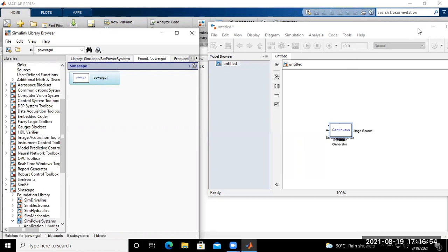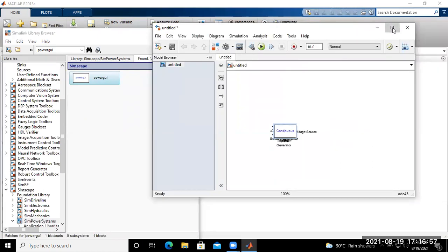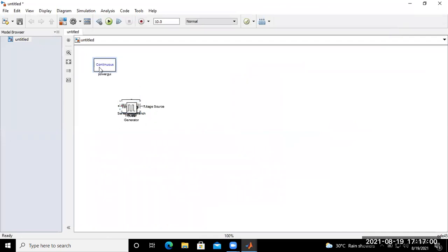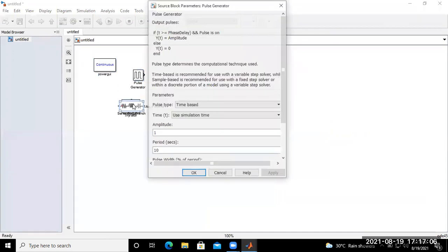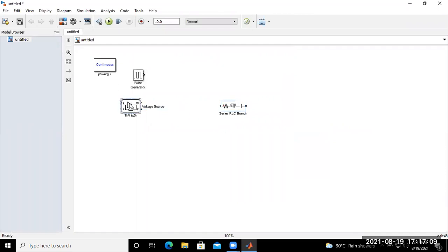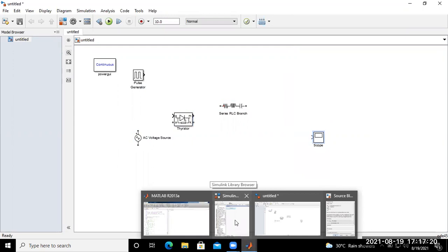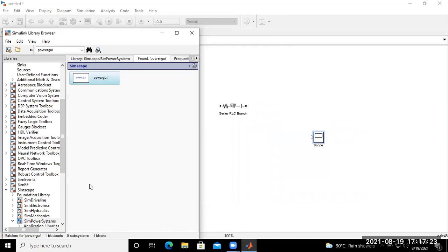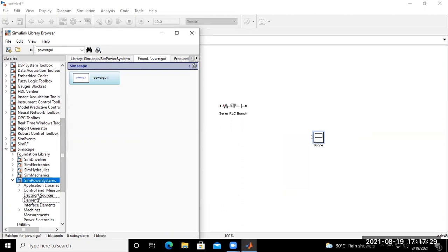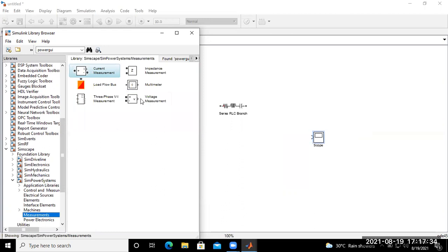And now just simulate the circuit. Okay. So just put this one here. Pulse generator. Thyristor. Scope. And measuring instruments, that is voltmeter and ammeter.